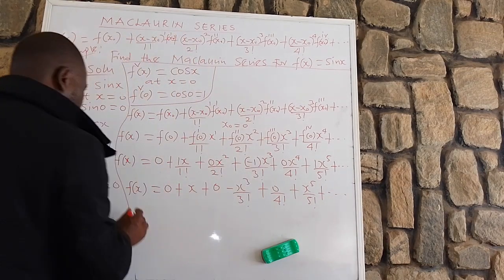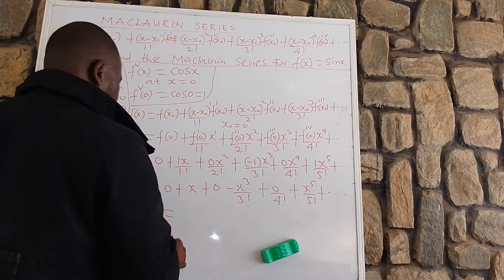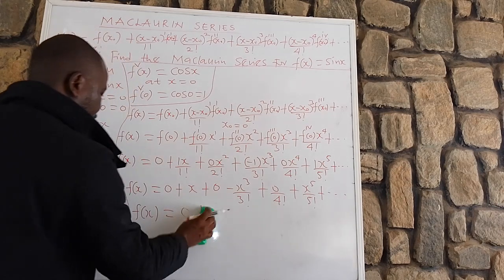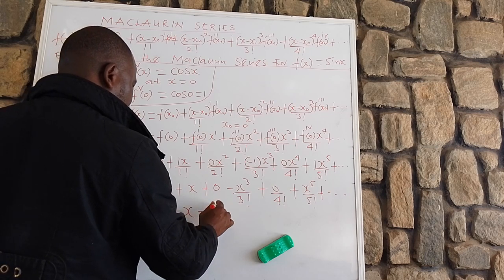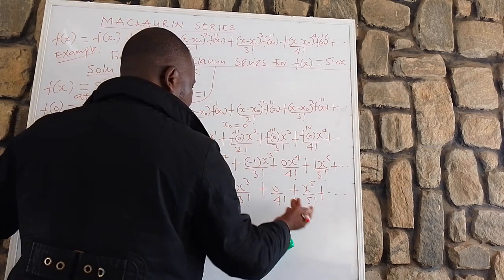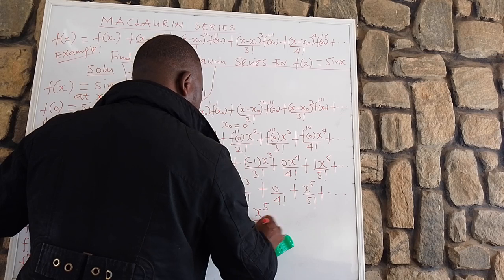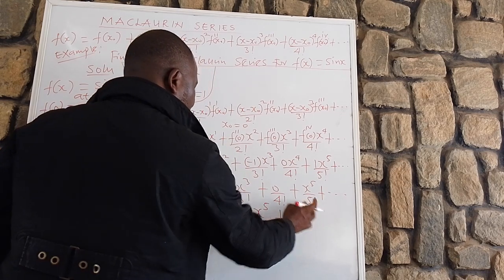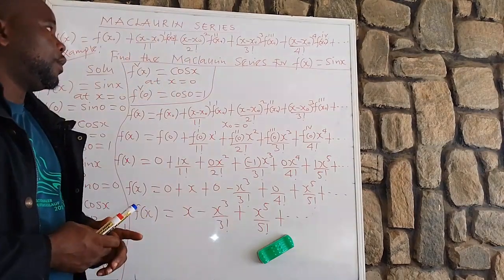So 0 plus 0 is not necessary. x minus x raised to the power of 3 all over 3 factorial, here is 0 already, plus x raised to the power of 5 all over 5 factorial plus.